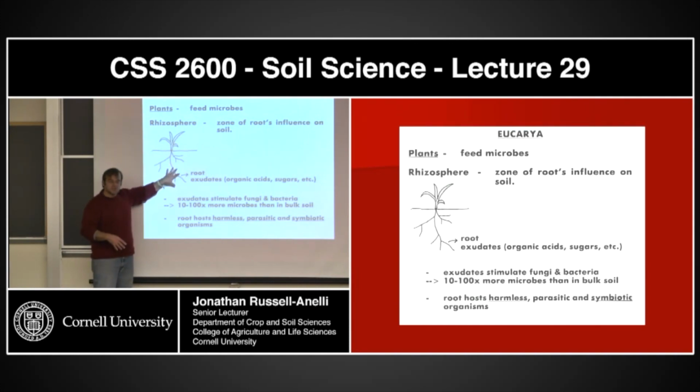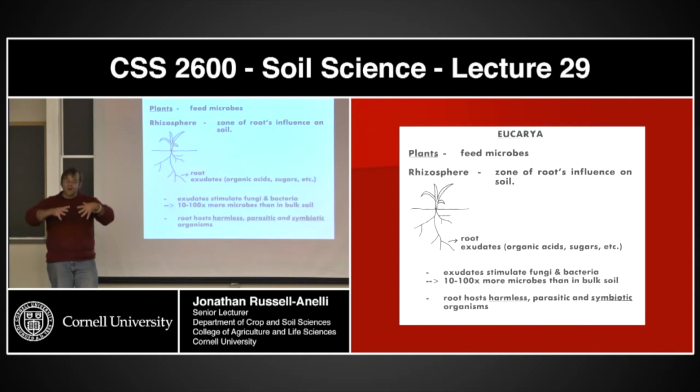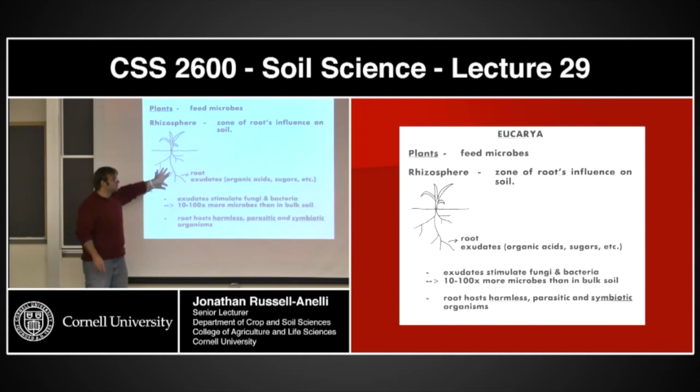That material that they exude becomes a food stock, a nutrition stock, for organisms that live in this root zone. If you look at the soil as a whole, the highest concentrations of organisms are sitting in these rhizospheres, in this zone that is being influenced by plants.